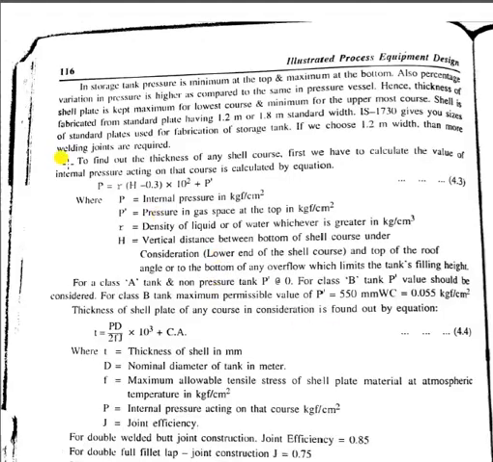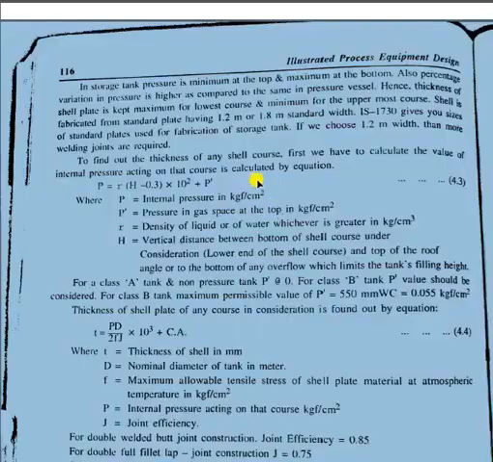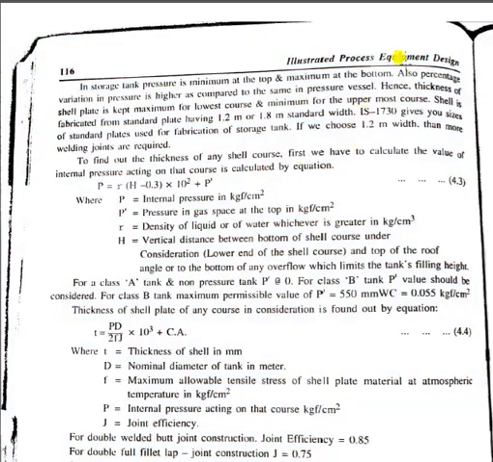Now, to find out the thickness of any shell course, first we have to calculate the value of internal pressure acting on that course, which is calculated by this equation. P is equal to R into (H minus 0.3) into 10 raised to minus 2, plus P dash.